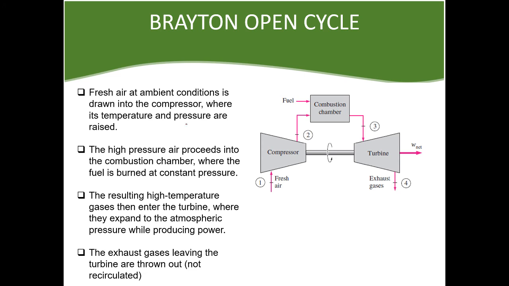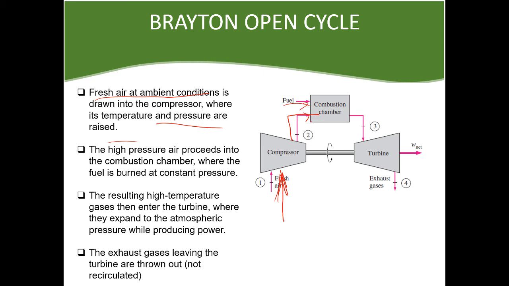This is the open Brayton cycle. Bakit siya sinabing open? Fresh air at ambient condition is drawn into the compressor where its temperature and pressure is raised. Then the high pressure air proceeds into the combustion chamber. The fuel is also injected in the combustion chamber.